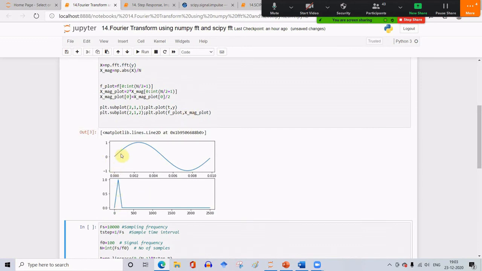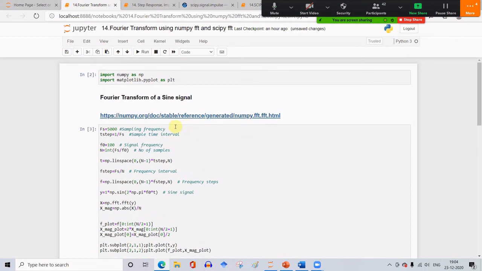So now you see this is my first signal, that is sin 2 pi f naught t. Since I have taken 100 hertz, the time interval for one cycle is 10 milliseconds, that is given here, up to 0.01. And at 100 hertz, you have the magnitude in the FFT plot equal to 1. Okay, so this is corresponding to 100 hertz.